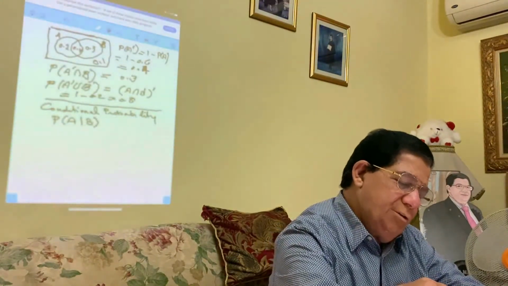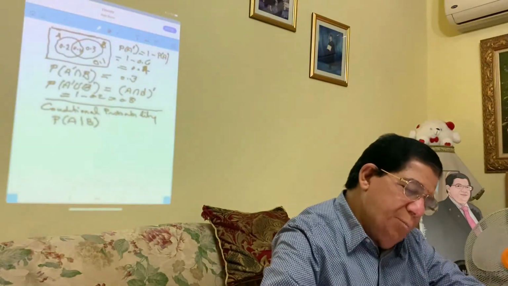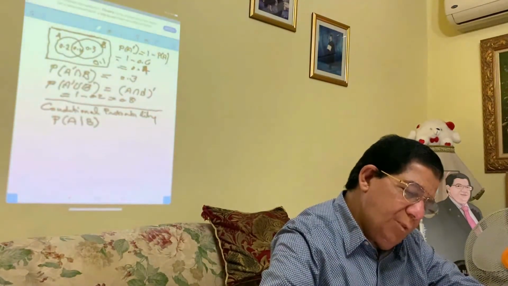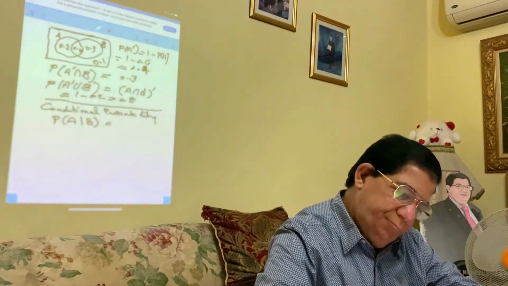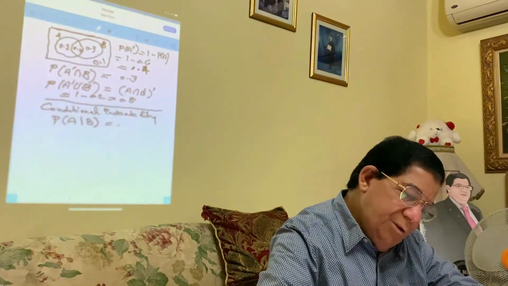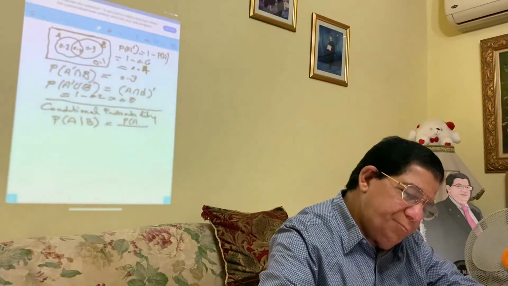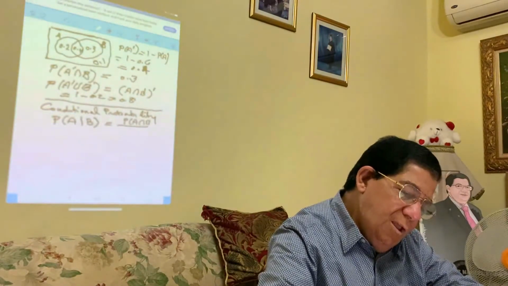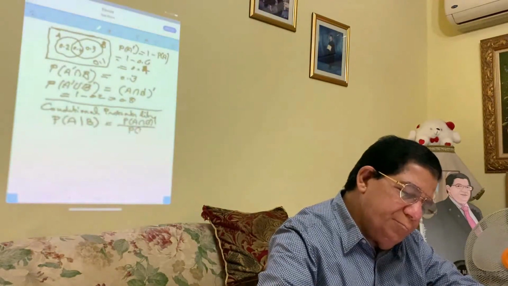The rules say this: the probability of A conditional B is equal to a ratio of two probabilities. It is the probability of the intersection at the top and the probability of the condition at the bottom.